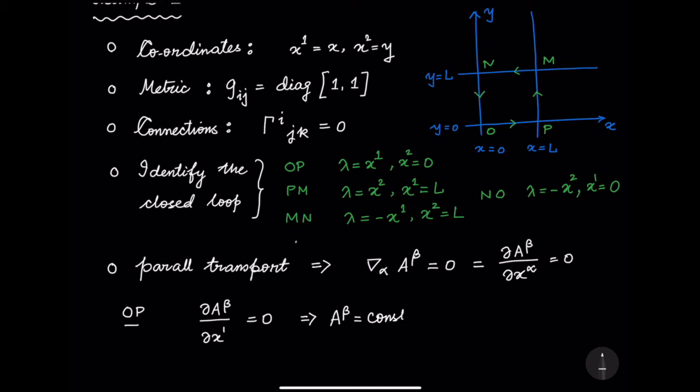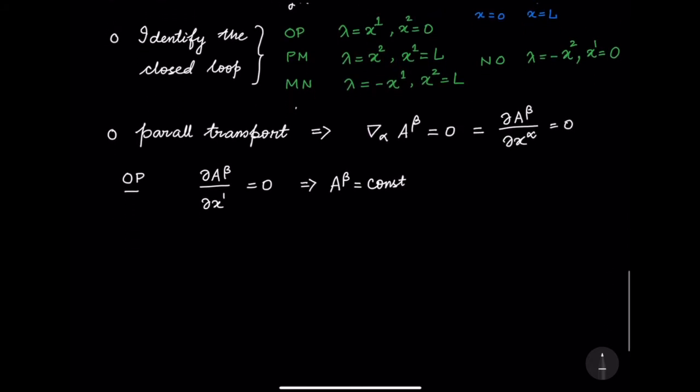Here beta can be, I should have written not alpha beta but ij, but anyway, the A^beta is constant, where basically you are saying that both the components of the vector remain the same as you move from O to P. As you can imagine, because all the connections are 0, this is what is going to happen for all the other line segments.